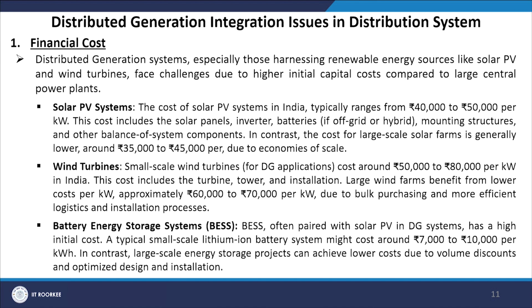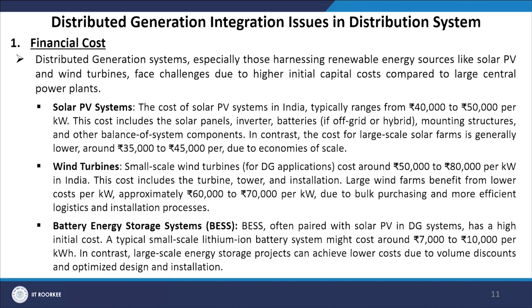In contrast, the cost of large-scale solar farms is generally lower, which is around 35,000 to 45,000 rupees due to economies of scale. So if you increase the size, then probably the cost may reduce by 10 to 20%.